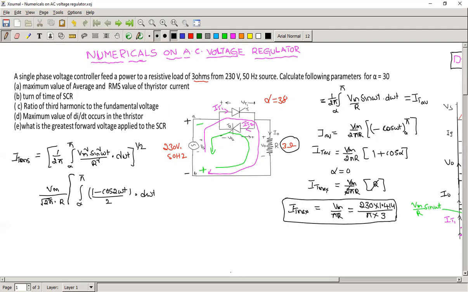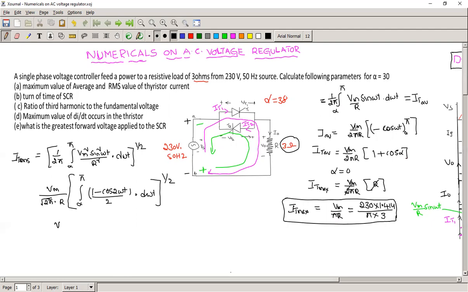Now the root is there only for this quantity. I have taken, in place of sin square omega t, I substitute 1 minus cos 2 omega t by 2. Now I have taken the 2 outside. So root 2 into root 2.